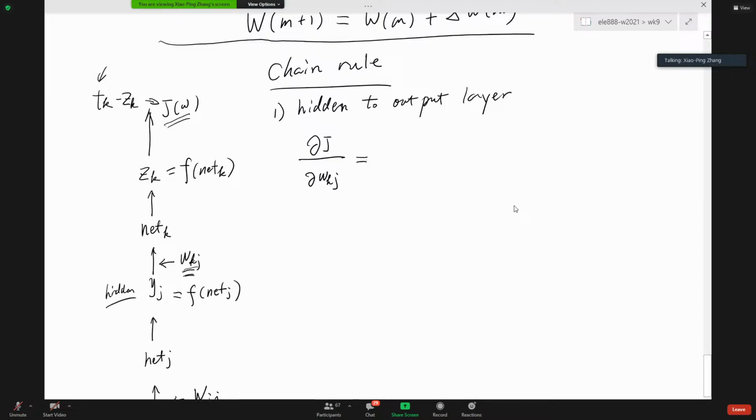This is where we use the chain rule: first the derivative with respect to net k, and then times partial net k over partial w_kj.